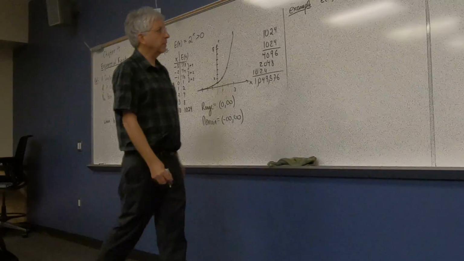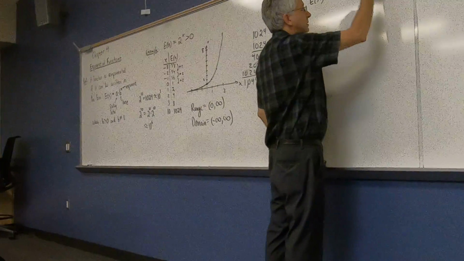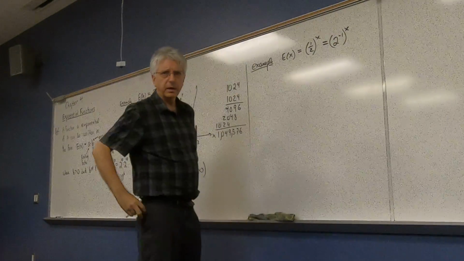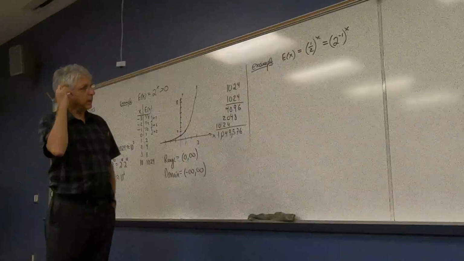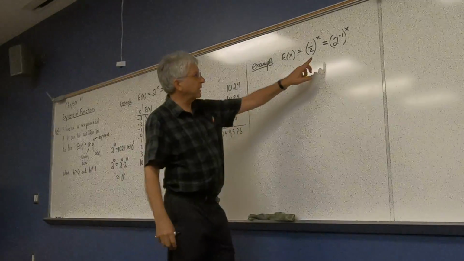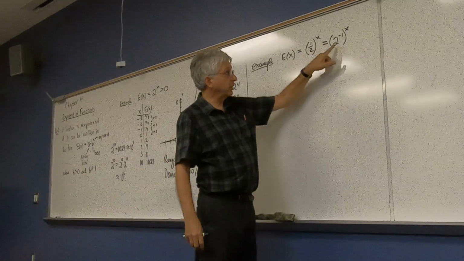Well, I would ask you to notice that this is 2 to the negative 1 to the x. And what's the rule when you have a power to the power? Well, you multiply them, don't you? I'm using the fact that 2 to the negative 1 is the reciprocal of 2, right? So I've already used that.